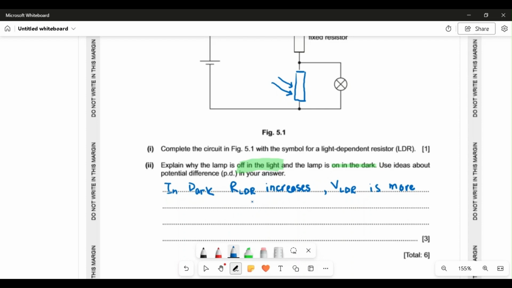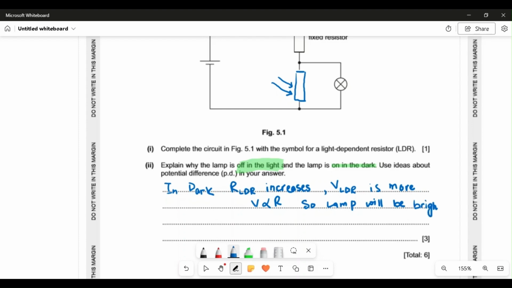We know that voltage is proportional to R. The more the R, the more the potential difference across it. So due to more potential difference, the lamp will be brighter.